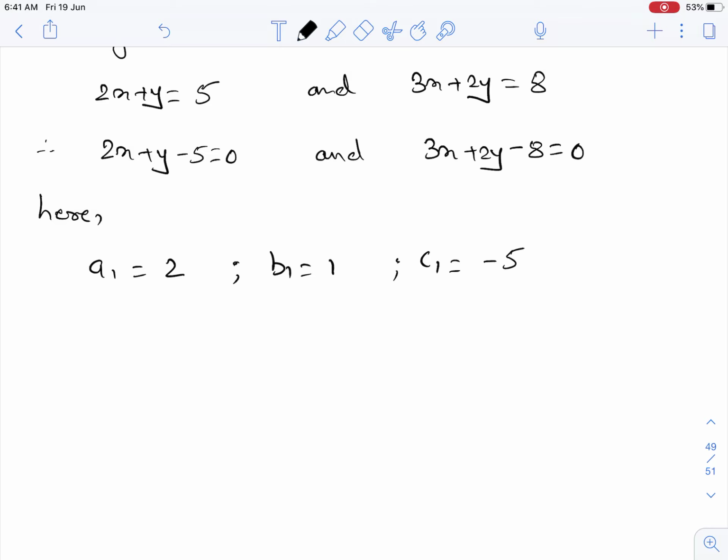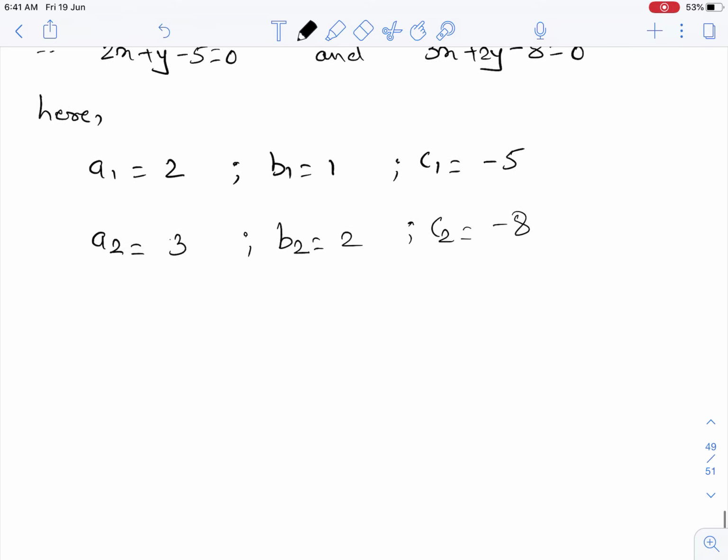Then a2 equals, a2 means the coefficient of this x, so that is 3, b2 equals 2 and c2 equals minus 8. Now what we have to do? We have to solve it by using the cross multiplication method.